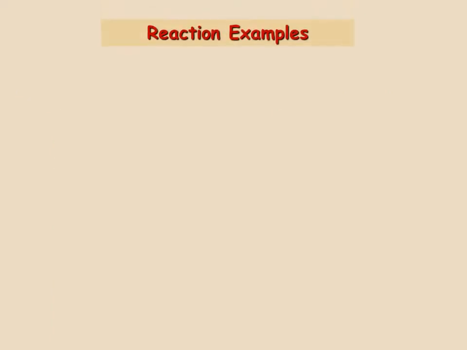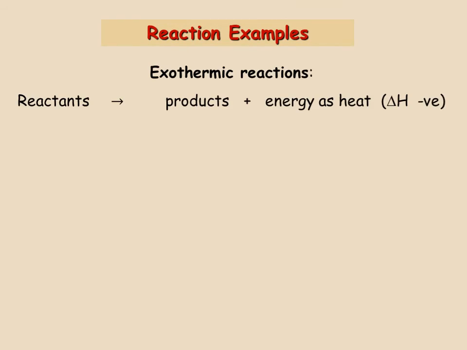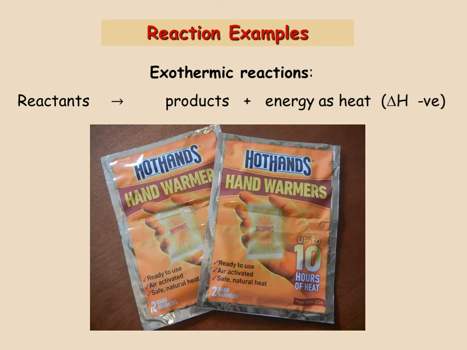Another example: have you seen these hand warmers in the cold countries? The heat energy is released from these hand warmers to our hands, to keep ourselves warm. Are these examples enough?